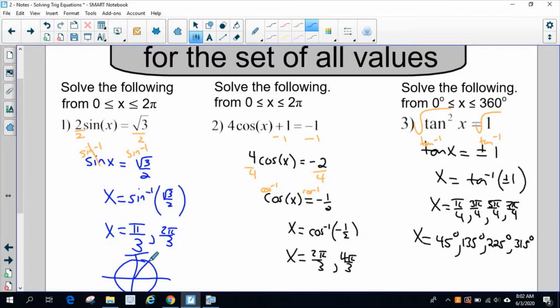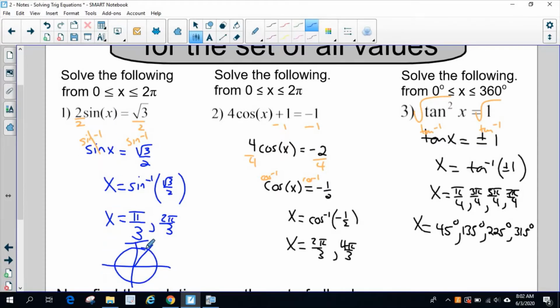But anytime I land on this, I would also have a solution to this equation. So for instance, pi over 3 is here, but if I come all the way back around to here, I would have another answer. And we can think up what that answer actually is, but every time this happens, it would happen. So if I came here and then came around twice, it would have an answer. I could also go backwards and go this way, and it would have an answer.